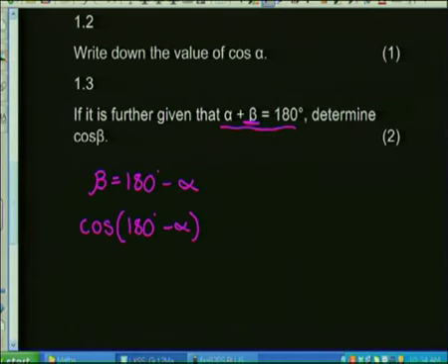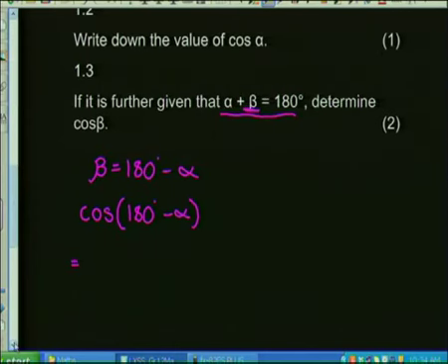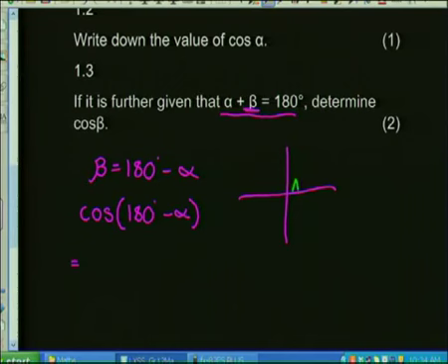This brings us to our reduction formulae. In order to work this out, I want to revise with you the quadrants. So we know that in quadrant 1, all our trig ratios are positive.